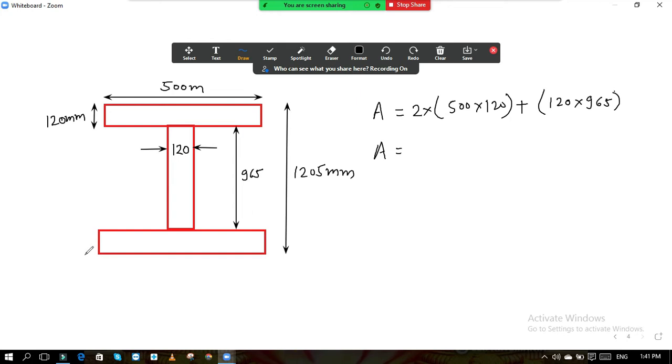So what area we have provided? We have provided 235.8 into 10 raised to 3 mm square.